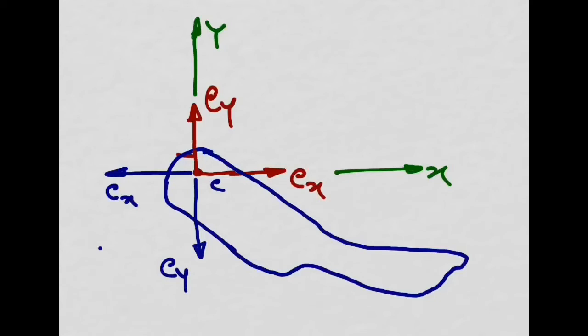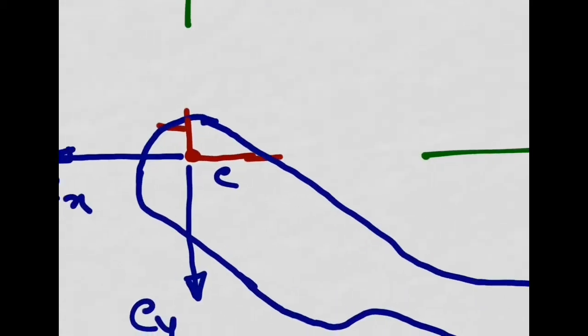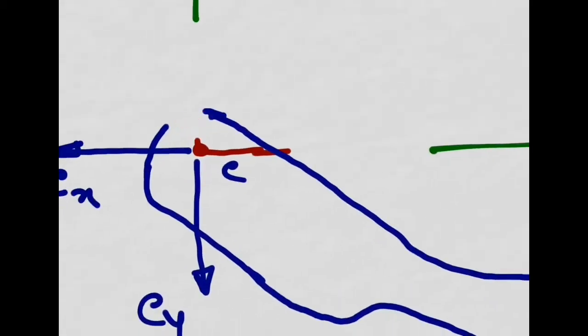As you can see, they have the same magnitude, Cx and Cy, but the direction is opposite, right? And then, of course, this Cx and Cy in red don't belong to this body. They belong to the body in red. So I'm going to get rid of this Cx and Cy.